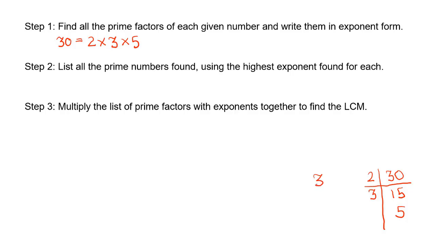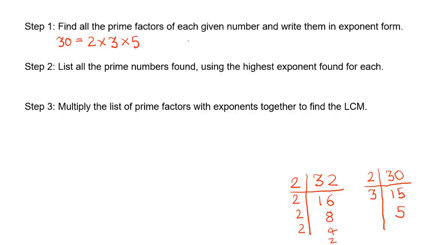Now for 32, let's start from 2. 2 into 16 is 32. Again 16 is also divisible by 2. We have to divide until we reach a prime number. So 2 into 8 is 16. Once again, 2 into 4 is 8 and 2 into 2 is 4.